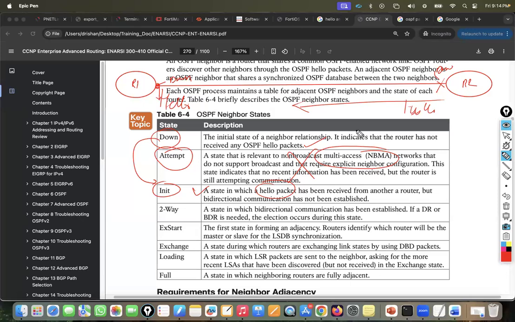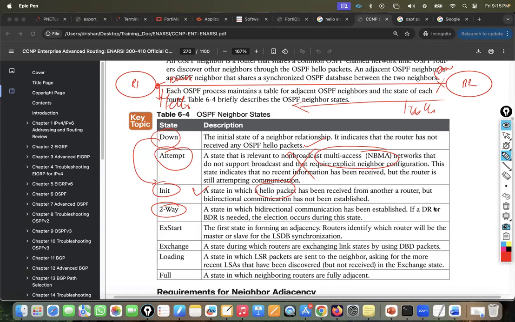Based on that, they agree to go to the next state, the 2-way state, because the hello parameters must match. If they do not match, it will never go to the next step. In this state, what happens?